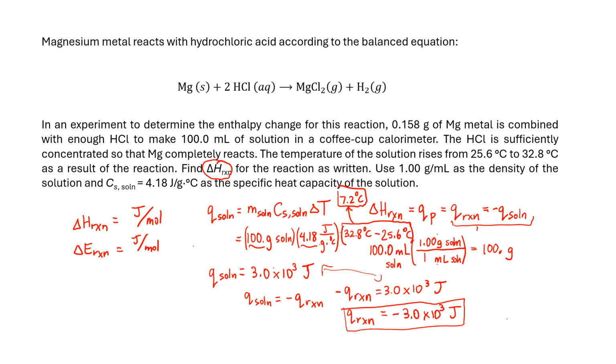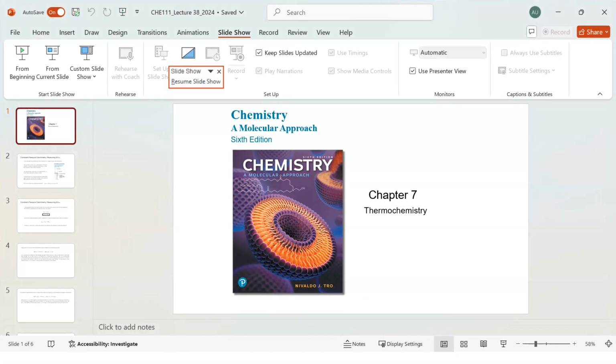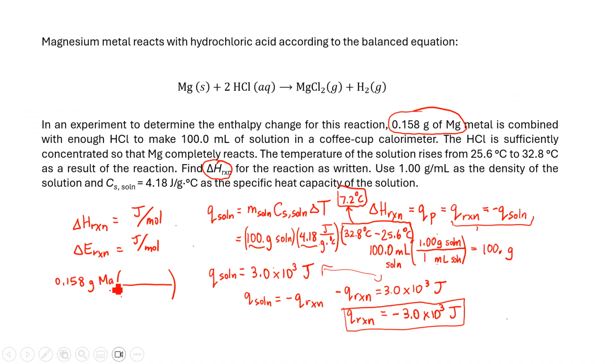Now, realize that we've reacted how much magnesium? 0.158. So if I want to get moles, I've got to convert grams of magnesium to moles of magnesium. If you look at the periodic table, 24.31 grams of magnesium for every 1 mole of magnesium.